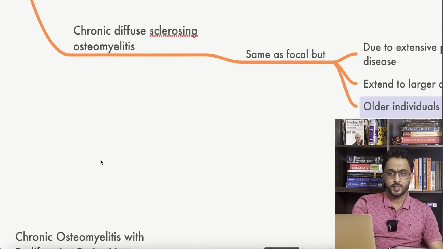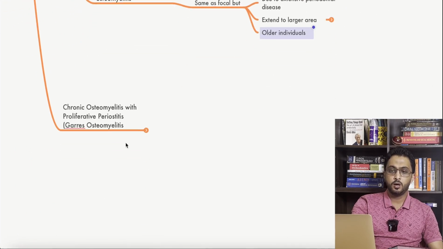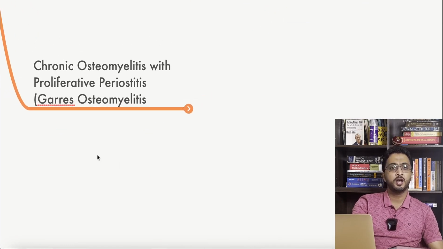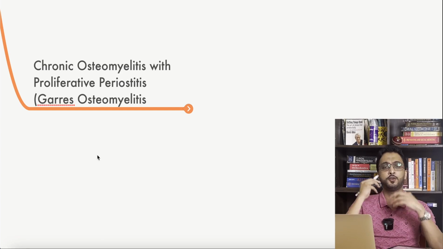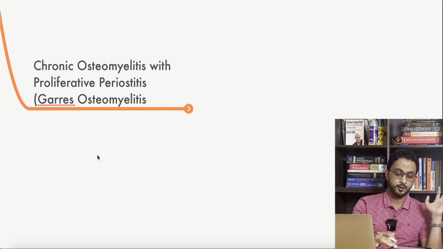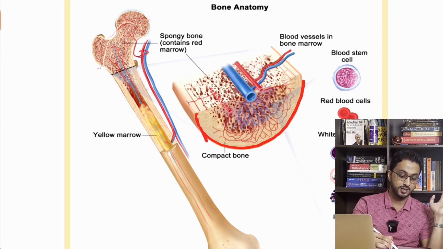Now, other types are self-descriptive, it's sclerosis and all this. A final type, which many a time a question has come, is chronic osteomyelitis with proliferative periosteitis. Basically, the periosteum is proliferating in simple terms. The outermost part of the bone is called periosteum. This outermost part gets proliferated.